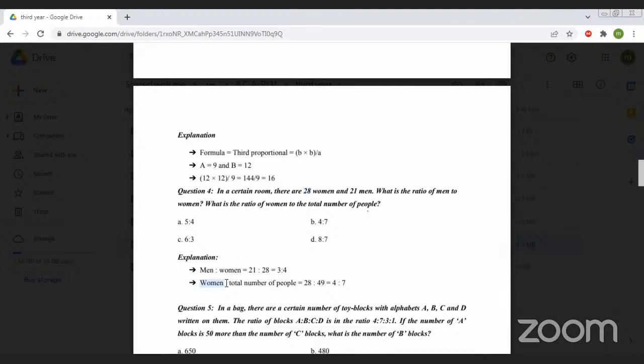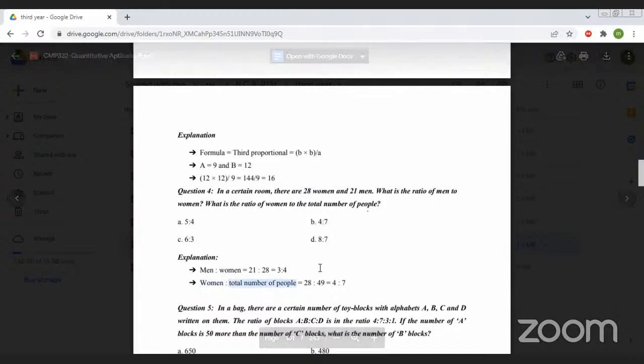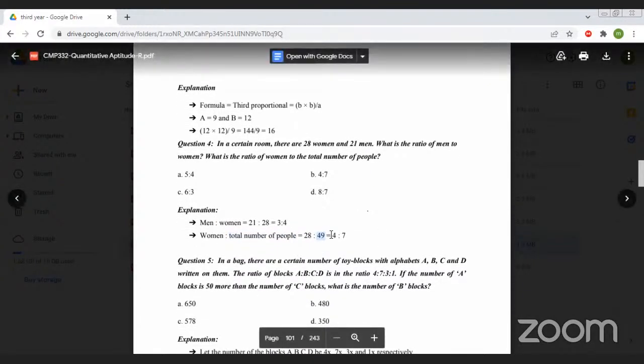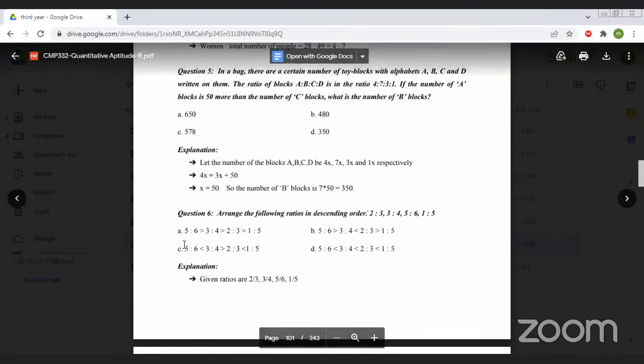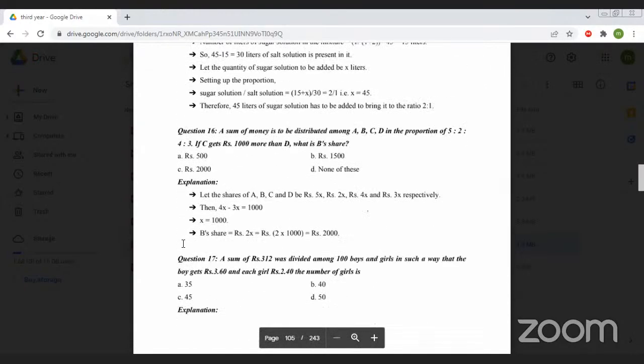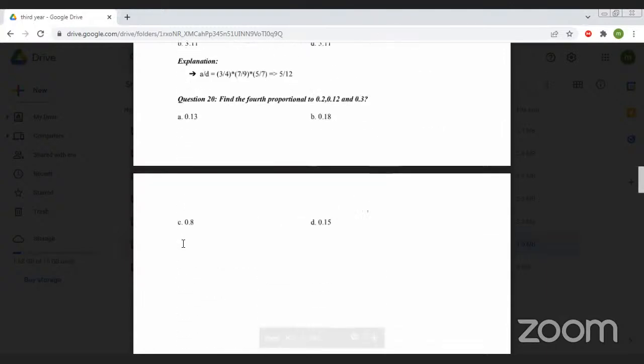Now women and total number of people means 28 plus 21, that will be 49. Understood? So the answer for that is 4 is to 7. See, the sums are easier to understand.